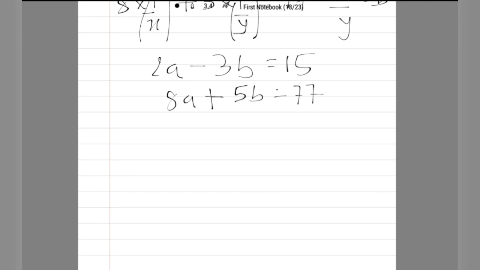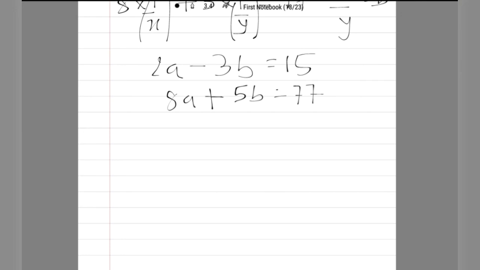So this is how we can solve, and we have converted the non-linear equation into a linear equation. If you have noticed, we get the degree of a and b as 1, so it is a linear equation. So we have just converted the non-linear equation into a linear equation, and we are solving it by using the methods generally used.